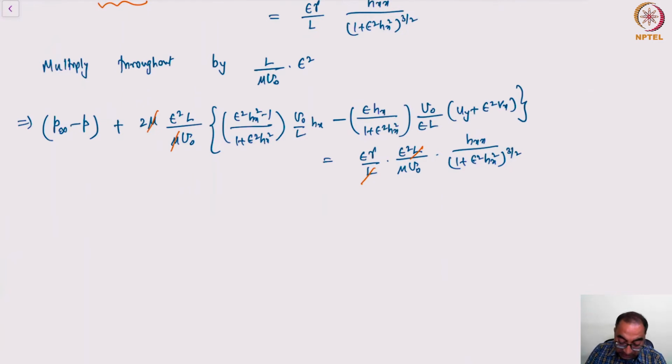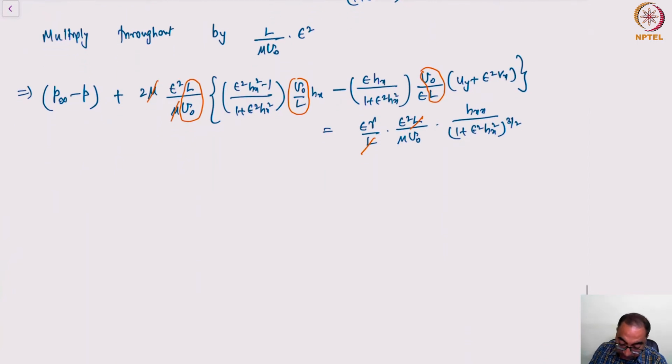Now we also have L by u naught, right? This L by u naught cancels out u naught by L and u naught by L terms, right? And then further I also have one more cancellation that I can do. I can cancel out this epsilon over here with the epsilon in the denominator, in the second term, in the viscous term.